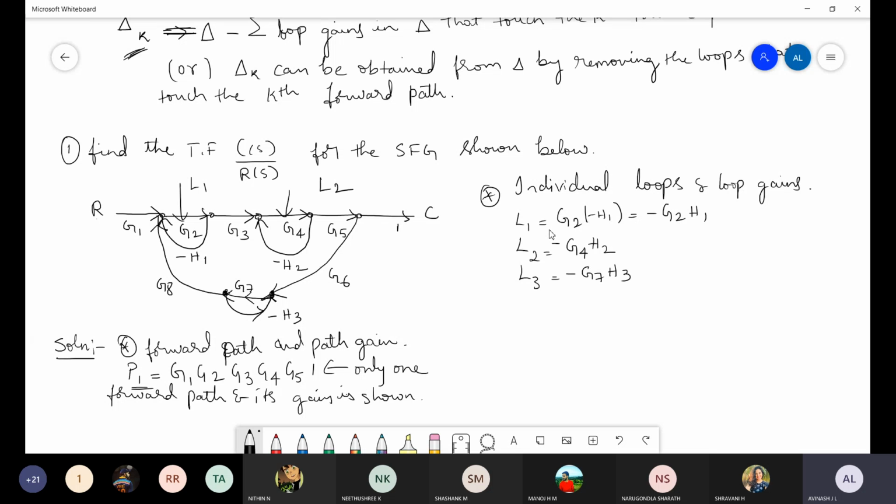So apart from this, there is another loop also. Can anyone tell me which is another loop?